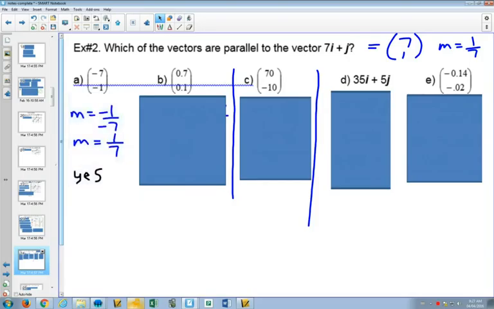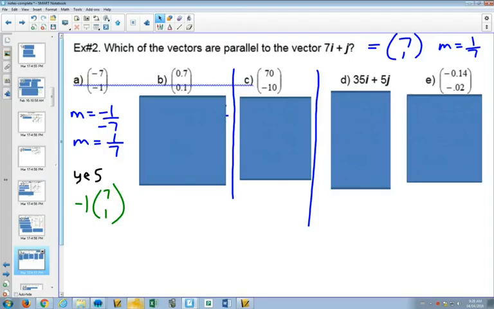So you could figure out the slope of this one, and that would be one way of showing it. Or you could just factor out the negative 1, and that would be another way of showing that it's parallel. But it probably makes a lot of sense just to figure out the slopes.